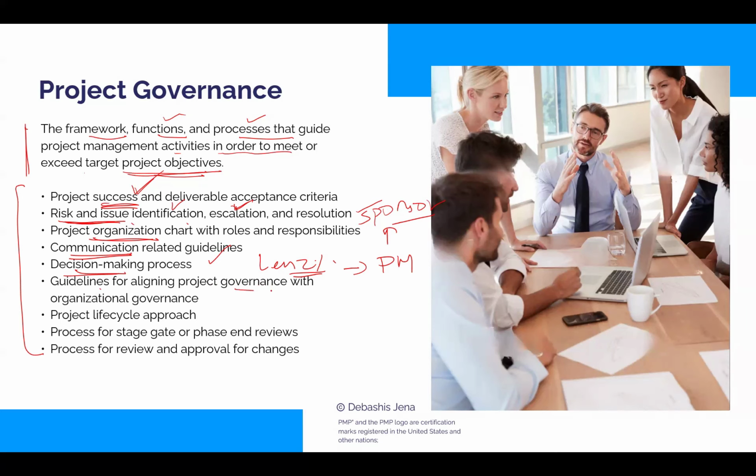Guidelines for aligning project governance with organizational governance. Look, every organization would have variety of governance. Every company has corporate governance. I mean, there'll be risk-related governance, information security-related governance, quality-related governance, sustainability-related. So most organizations would have variety of governance that would apply at the organization level.